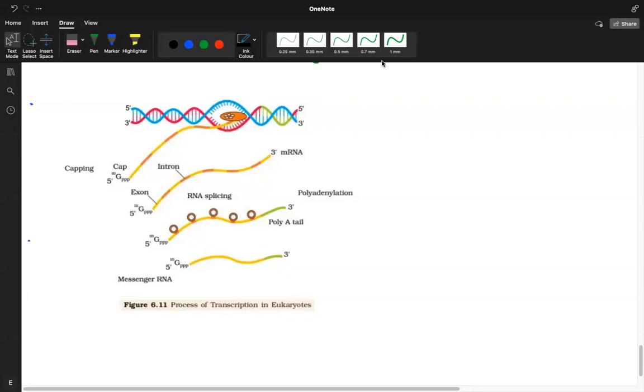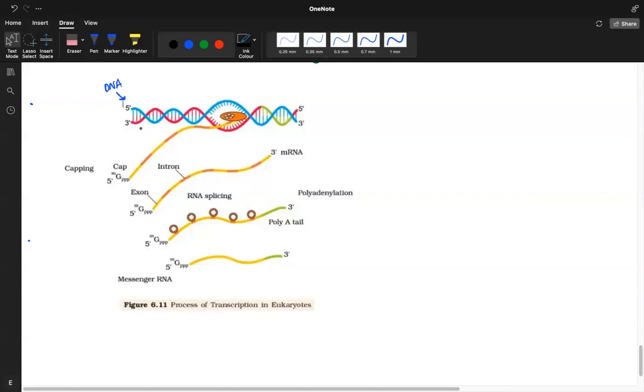So look here. This is transcription in eukaryotes. And if you pay attention, this is your eukaryotic DNA, right? Here also, there is an initiation that happened. So there are three stages here also: initiation, elongation, and termination.